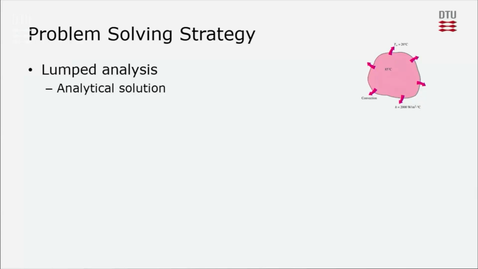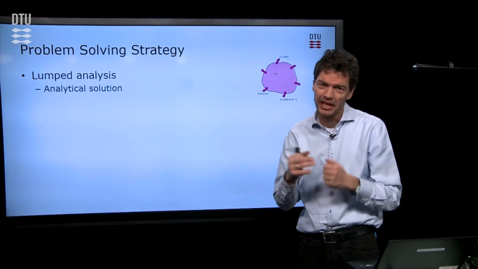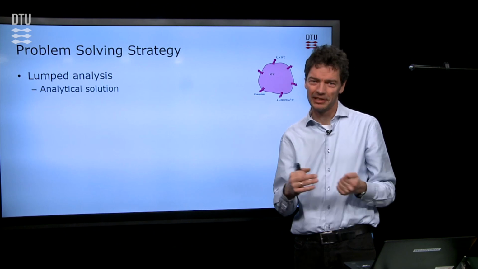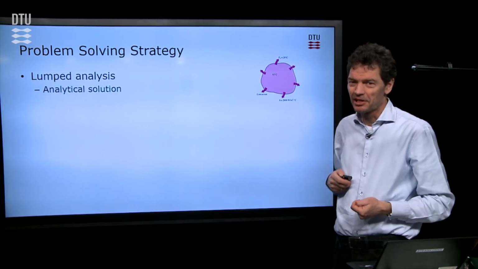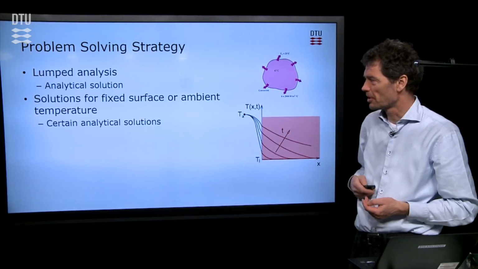And the first thing is really forgetting a little bit about the equation, but looking at something which is very simple in a way. That is the lump analysis. And if I may say in Danish, we call it klumpanalyse. There's a relatively simple analytical solution, which I'll talk about today.